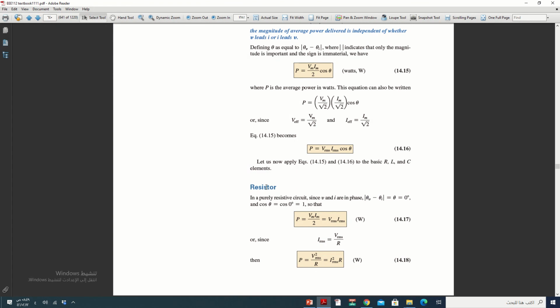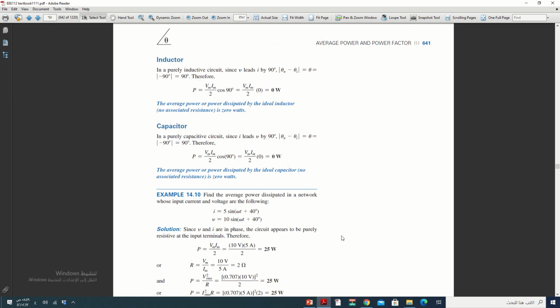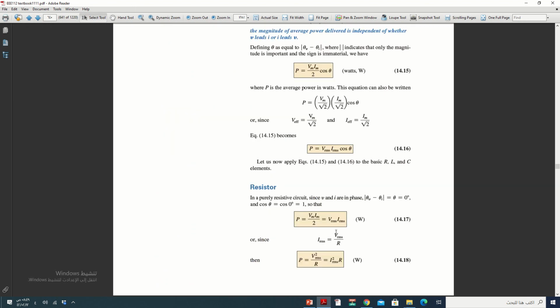This means cosine 0 equals 1, so you don't need to write it. The power equals Vrms multiplied by Irms, or you can apply the other form of the formula, V squared RMS over R, or I squared RMS multiplied by R.